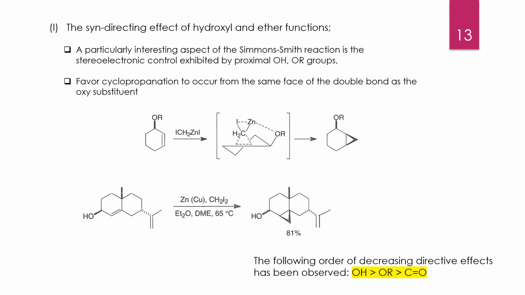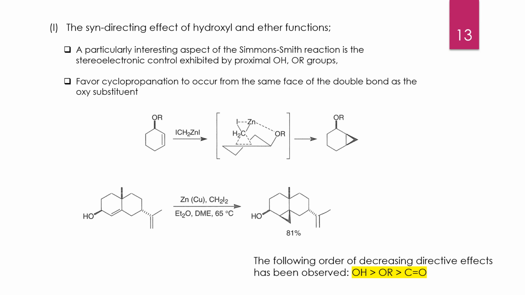The next topic is the chain directing effect of hydroxyl and ether functions. A particularly interesting aspect of this Simmons-Smith reaction is the stereoelectronic control exhibited by the proximal OH or OR group. Here you can see there is an OR group above the plane.